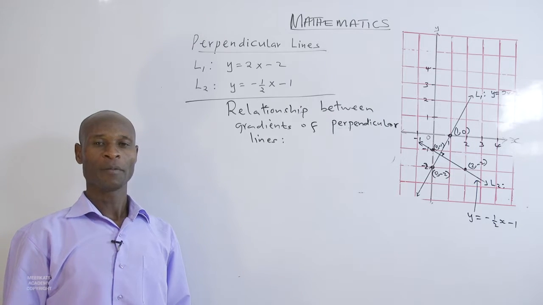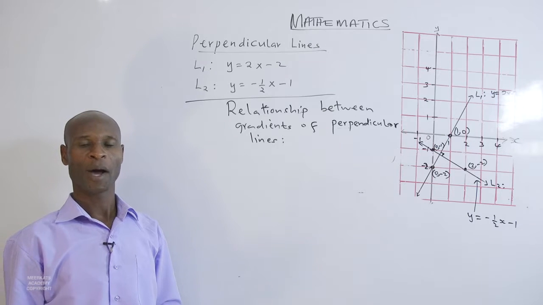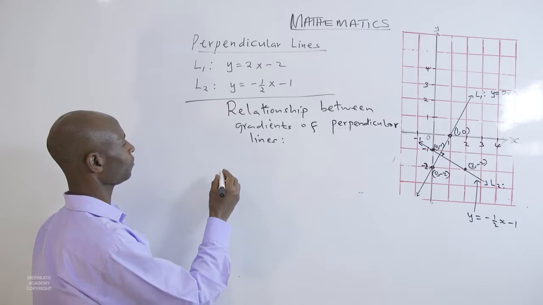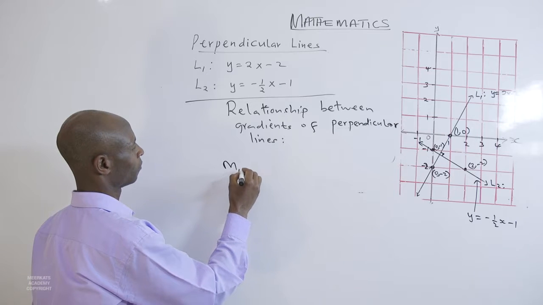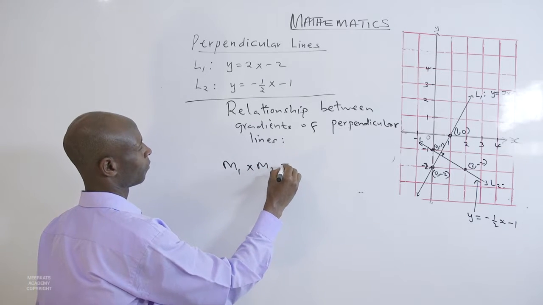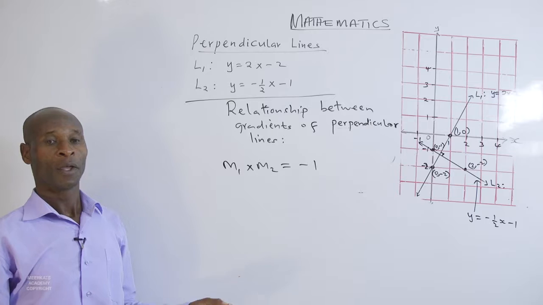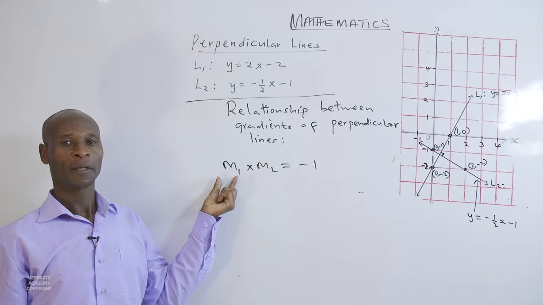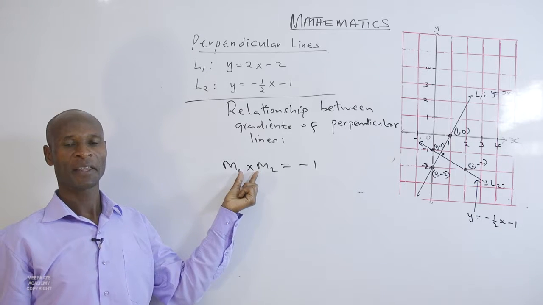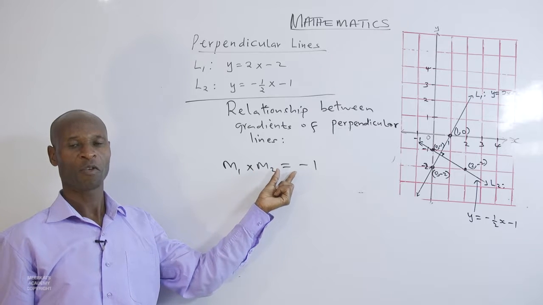Now, we can write down that relationship as follows. If two lines are perpendicular, then the product of their gradient is equal to negative 1.